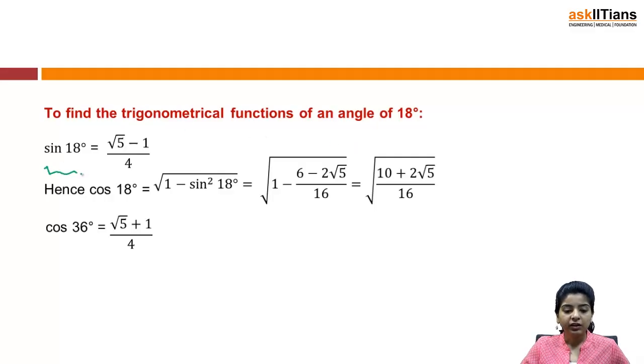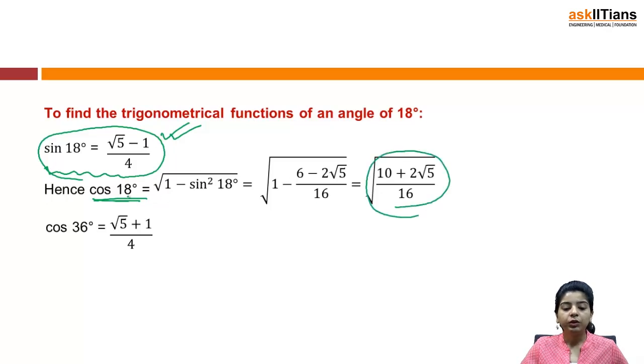So sine 18 degree is root 5 minus 1 by 4. Then you just remember this formula, and obviously then you can find out the value of cos 18 degree, or if possible you can also directly memorize this formula.